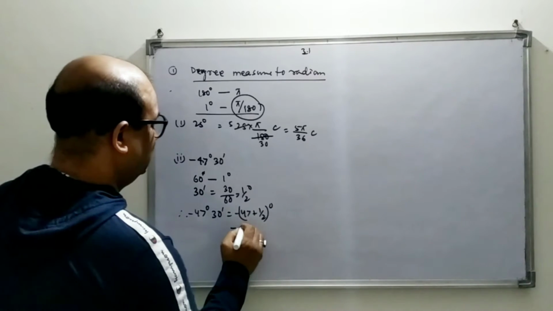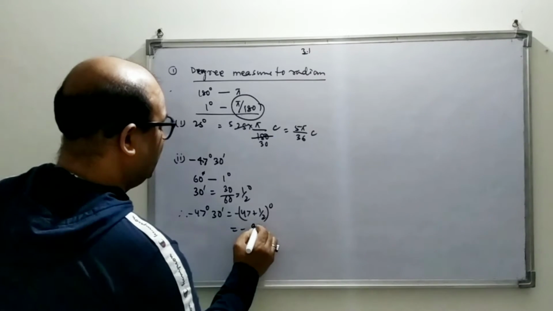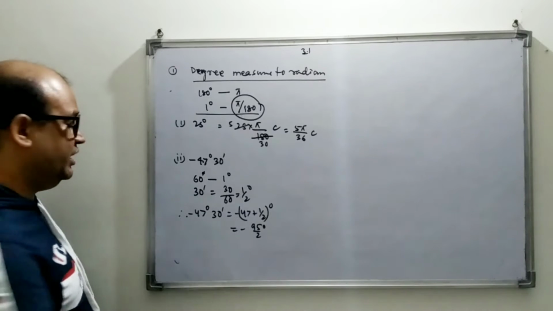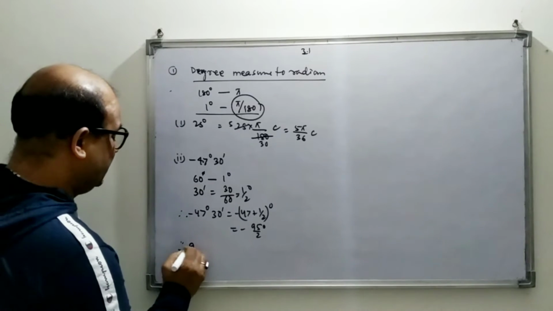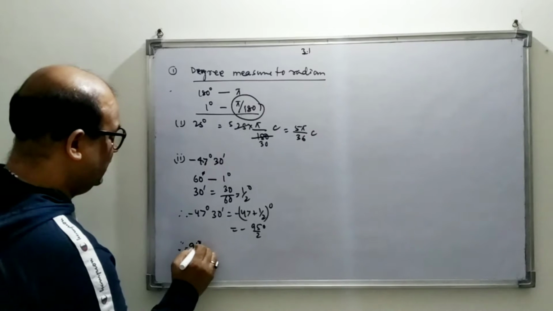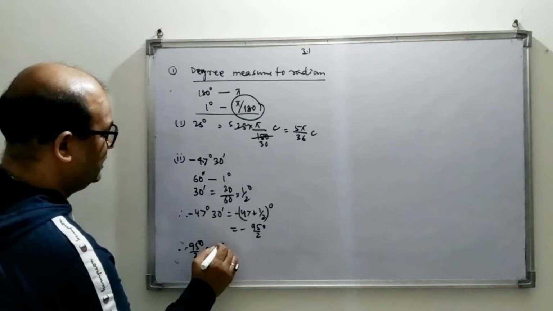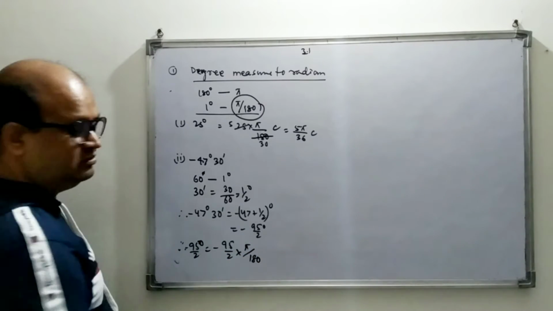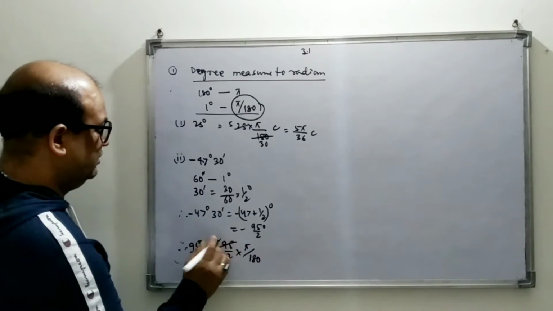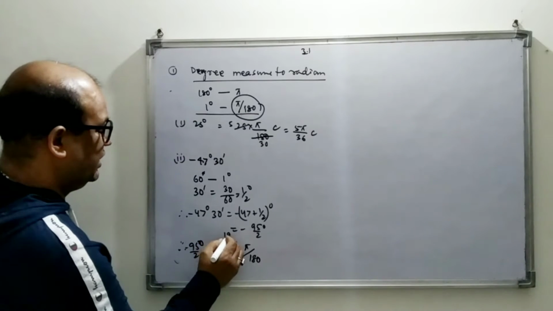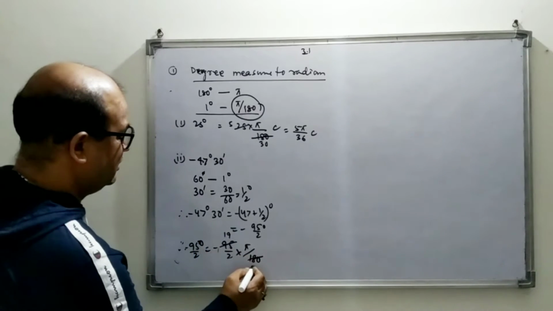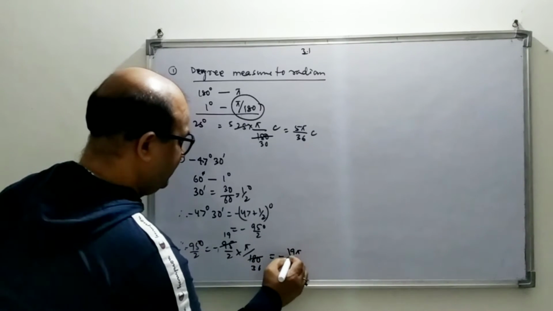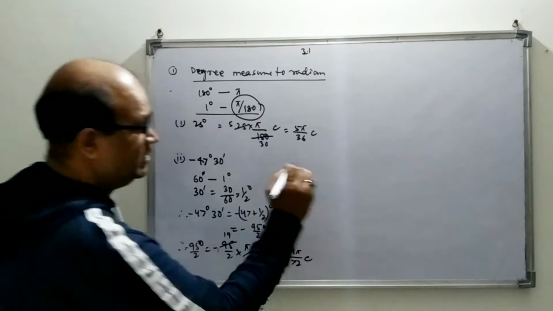That gives you minus 95 by 2 degree. Now convert 95 by 2 degree into radian. Therefore, minus 95 by 2 degree equal to minus 95 by 2 into pi by 180. So that it gives you minus 19 pi upon 72 radian.